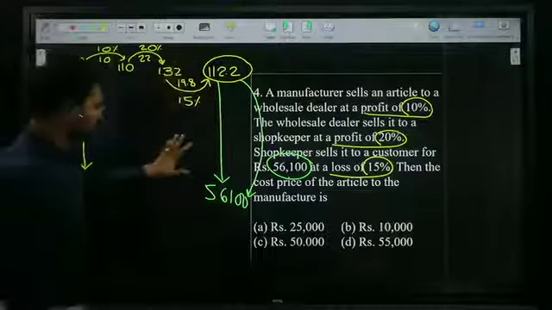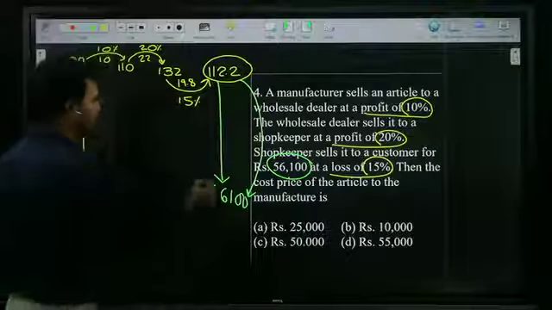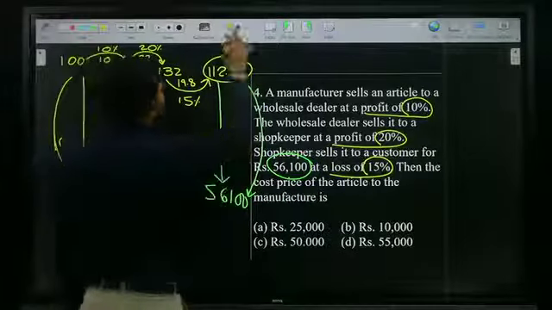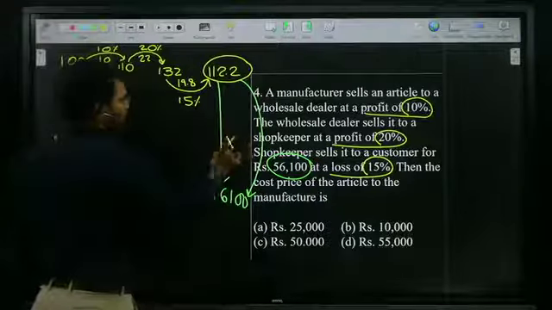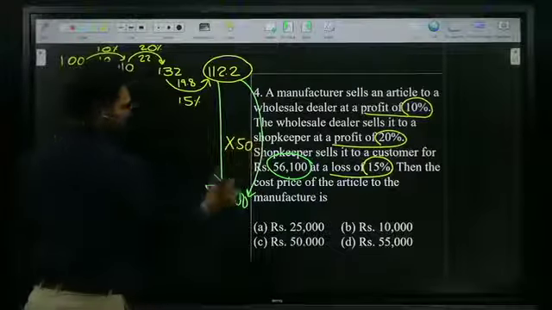So here 112.2 is there, here 56,100 is there. Exactly it goes how many times? 500 times.